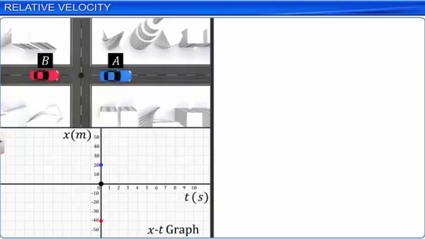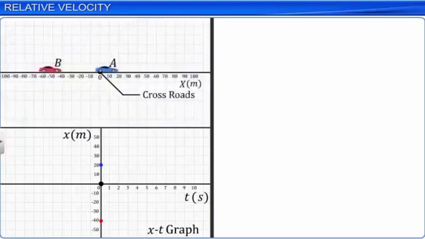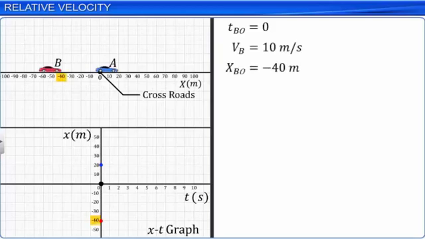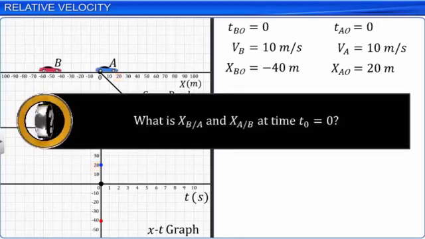At the time of initial observation, that is, when t_B0 is equal to 0, B is 40 meters behind the crossroads, and A is 20 meters in front of the crossroads. What is x_B/A and x_A/B at time t_0 equal to 0?